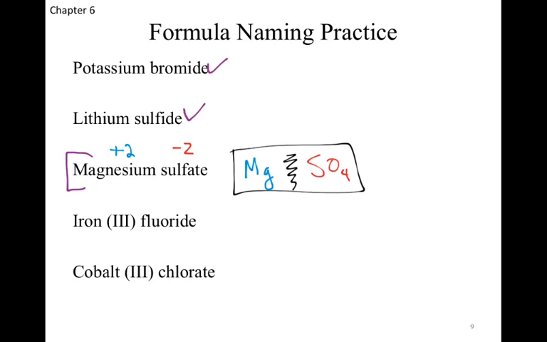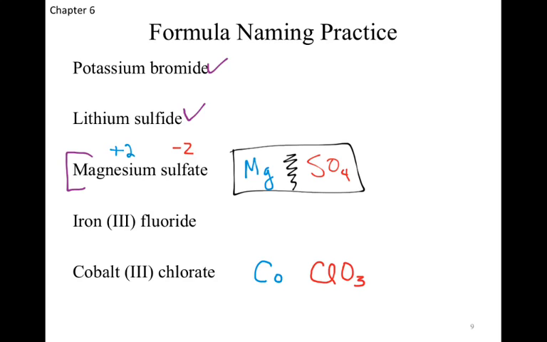Iron fluoride, I would expect you guys to be able to figure out on your own, might show up on that activity. So let's take a look at the cobalt chlorate, because that looks kind of crazy. So to start off with, cobalt symbol is Co. Our chlorate, anybody remember that one yet?